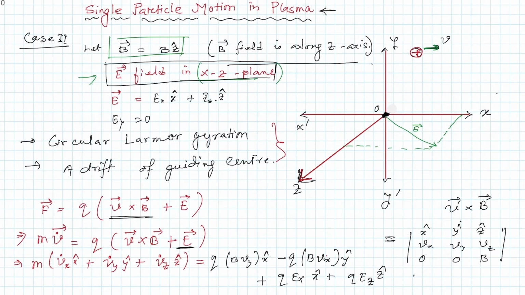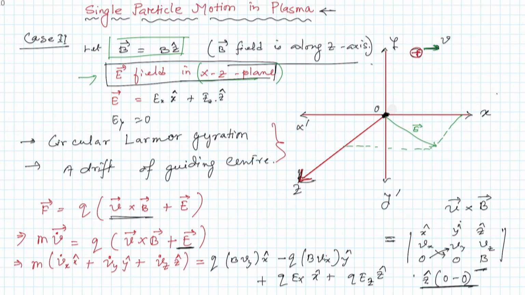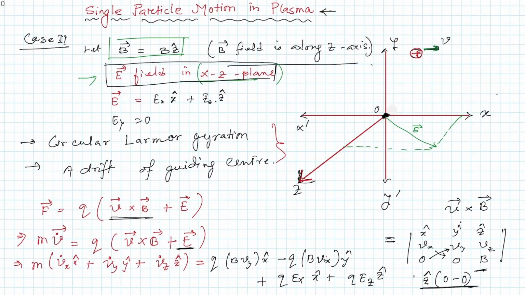And one more thing, the Z component of V cross B here will be z cap into Vx into 0 minus 0 into Vy. So this part will be 0, that's why Q into 0 is 0, and that's why I have not written this term here. Hope you have understood. Now take a screenshot, or you may note it.